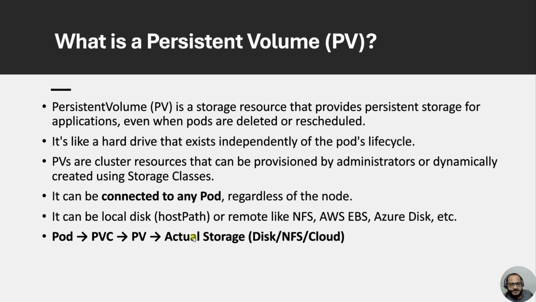In our demonstration, we are going to use hostPath because we are using Docker Desktop and we cannot integrate any cloud provider storage system. So we will assume hostPath as a storage solution, which we will see in the demonstration.